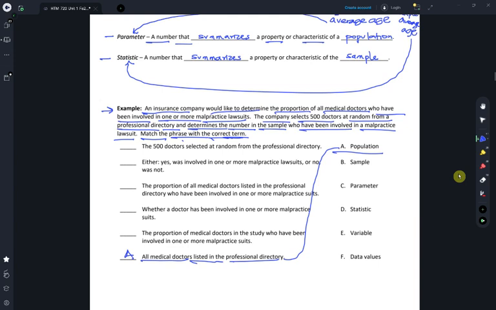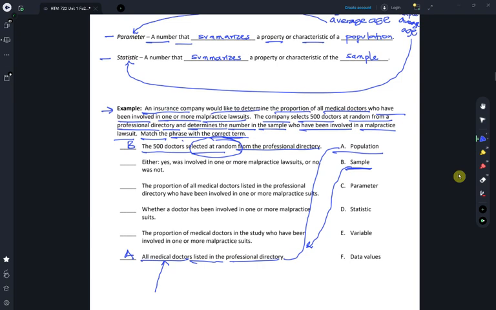Now, if we're not able to ask for data from all medical doctors listed in the professional directory, we might settle for the sample. So this sample must come from this population as a subset of that population. So what would that be? That would definitely be the 500 doctors selected at random from the professional directory. Take note, they're selected at random so that it is hopefully a representative subgroup of the population of interest.